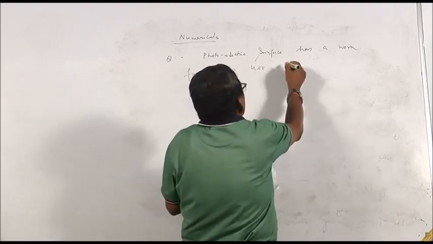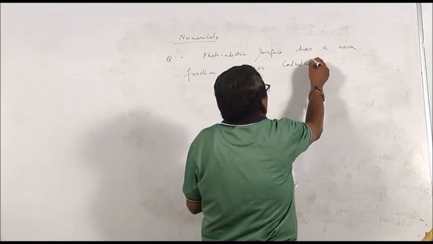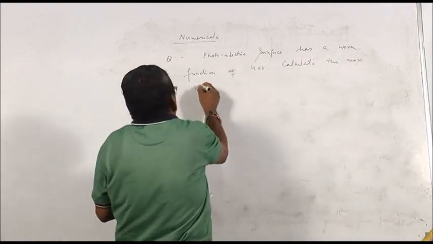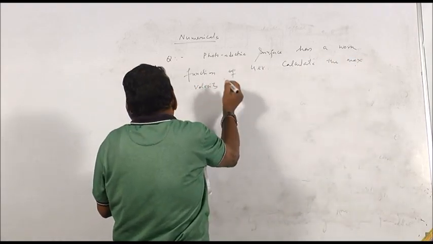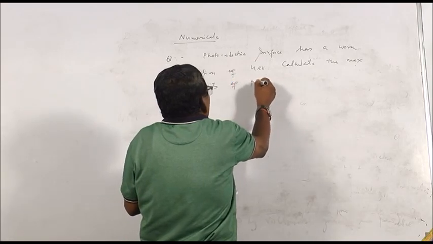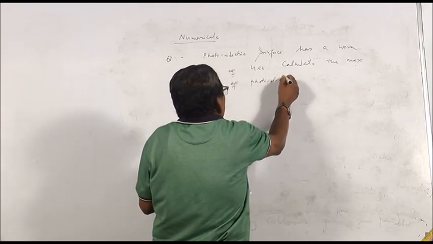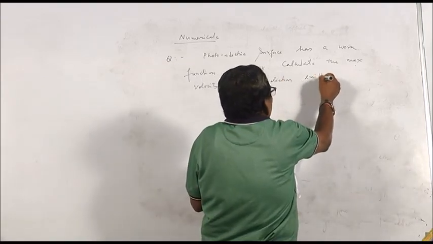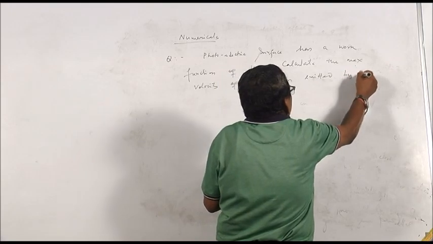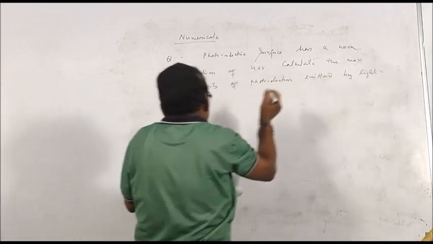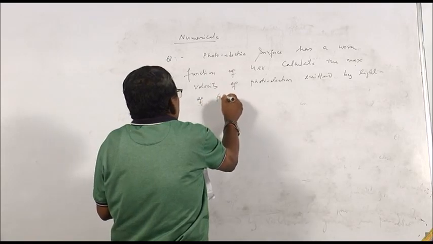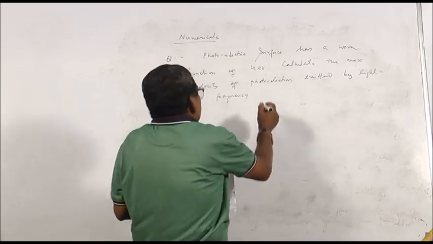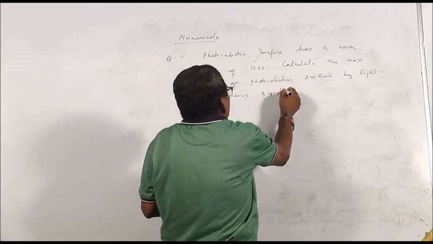Calculate the maximum velocity of the photoelectron emitted by light of frequency 3 into 10 to the 15 hertz. This is a very normal question that comes from the photoelectric effect.